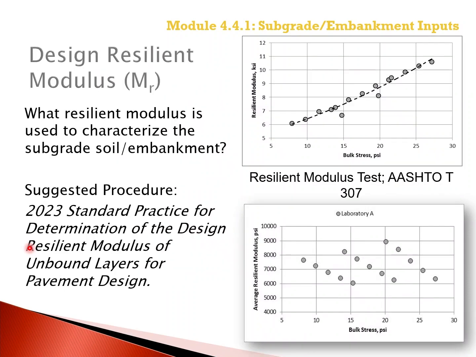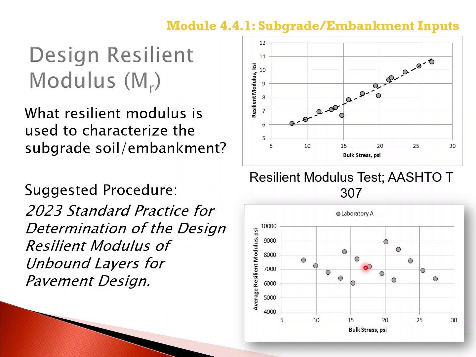So you can see from the graphs that were shown previously, per AASHTO T307, there are 12 to 15 individual resilient modulus data points at different confining pressures and stress states that are defined in AASHTO T307, for both coarse-grained as well as fine-grained soils.